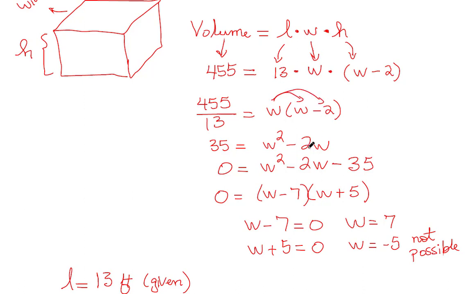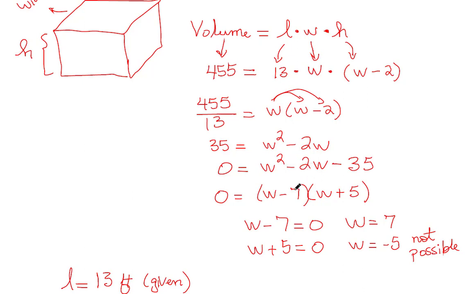Divide everything by 13. Distribute this part. All right. And so move the 35 to the right. And so we end up with this equation. Well, this is easy enough. I can try to factor this because there are not too many factors of 35. Well, 35 and 1 or 7 and 5. I need a combination that's going to add to give me minus 2.